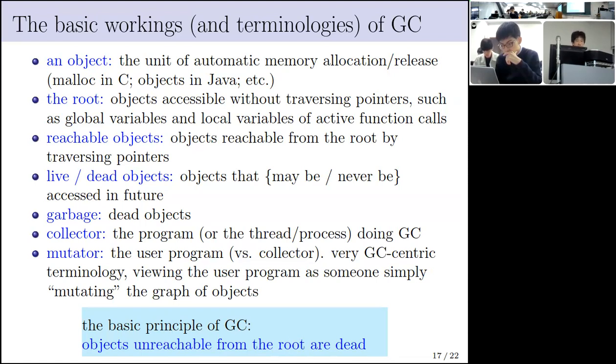They can be safely reclaimed. There's no way that the program still uses these objects, if there's no way from the root you can reach these objects, right? So this is the basic principle of garbage collection.